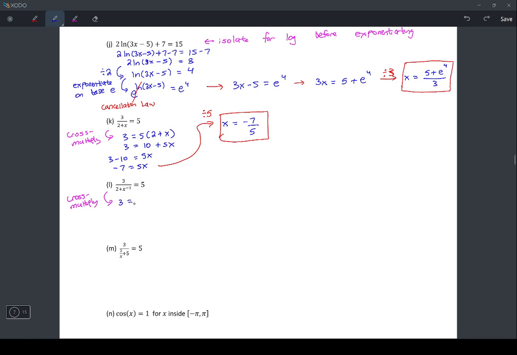So 3 is equal to 5 times 2 plus x to the power of negative 1. Multiply the 5 through the bracket. So 10 plus 2x to the power of negative 1. Subtract 10 from both sides. So negative 7 is equal to 2 to the power of x minus 1.